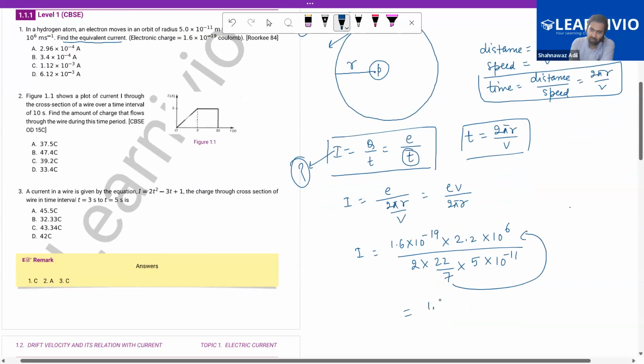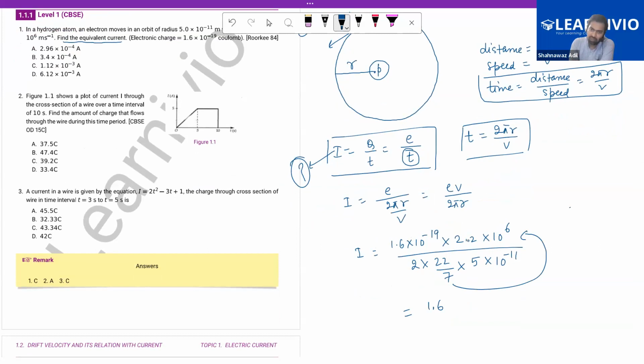And this is 1.6. If we remove this, 5 twos are 10, and then we can cancel this 20. Then we have 10 to the power minus 19 into 10 to the power 6, and in the denominator there is 7 also, and 5 twos are 10 into 10, and then 10 to the power minus 11.